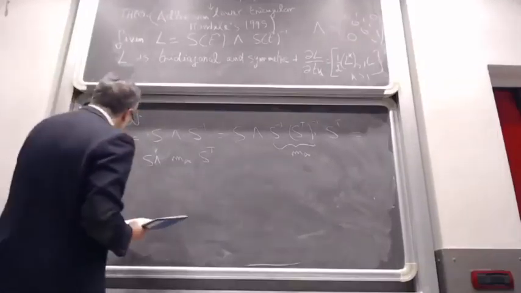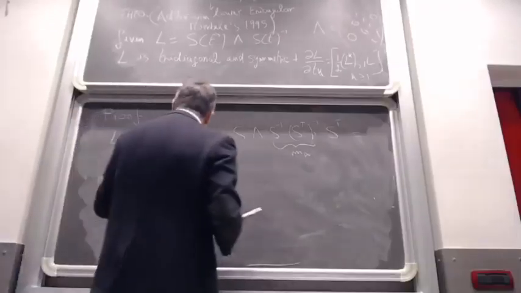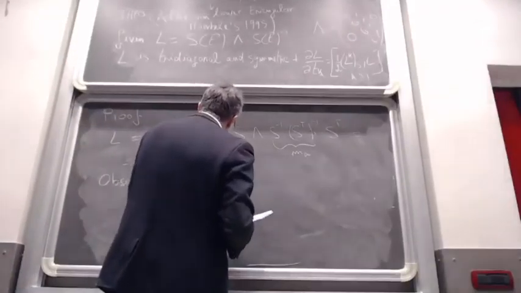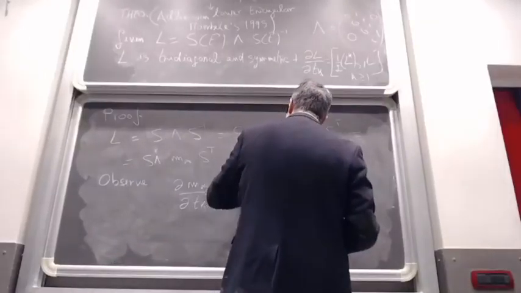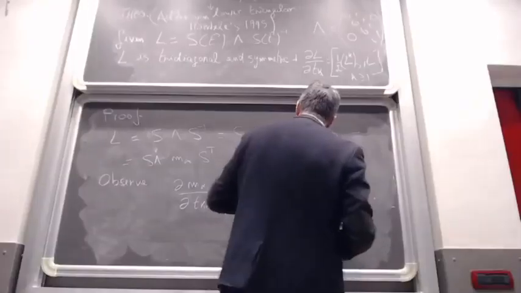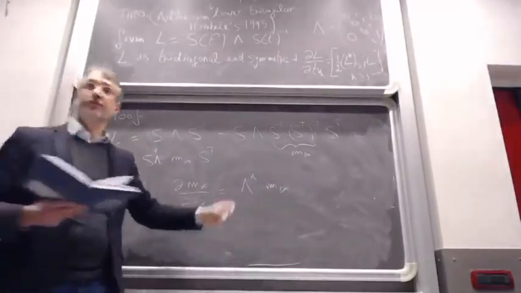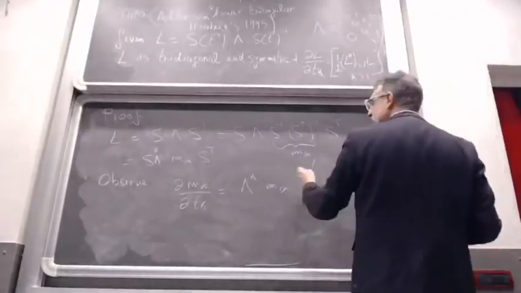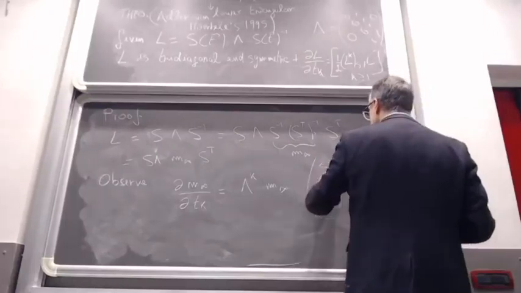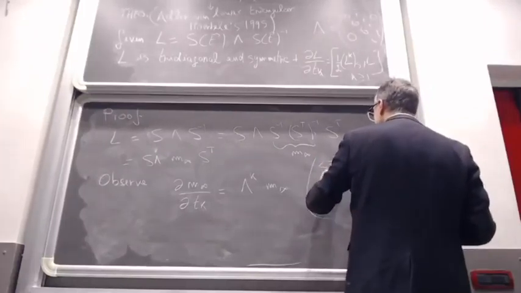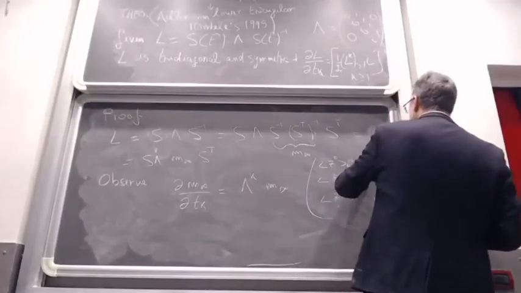Now by looking at the properties of M infinity, the derivative of M infinity with respect to Tk is equal to lambda to the power k times M infinity, where lambda is the shift operator. Remember what M looks like: z to the power 0, z to the power 1, z squared, and so on.